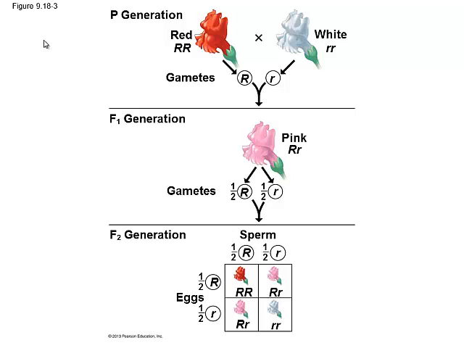So if I take my pink flowers, and we're going to use those as our genotype, red and white, and I cross them, what do I end up getting?